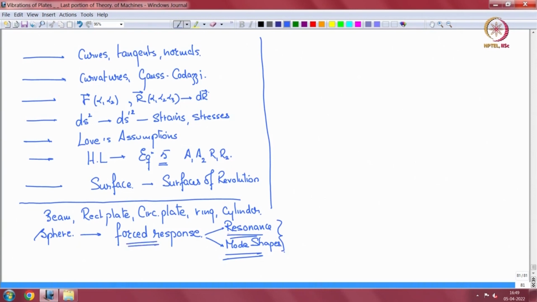So we are going to look at resonances and mode shapes for a number of systems before going to the force response. And in places I will show you the mode shape animations in MATLAB.